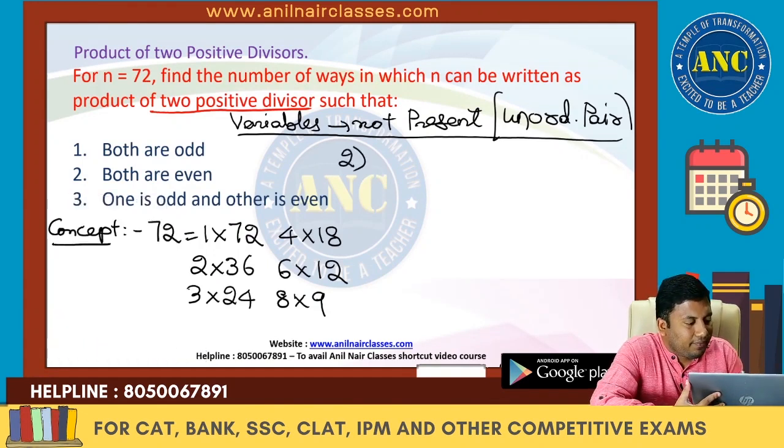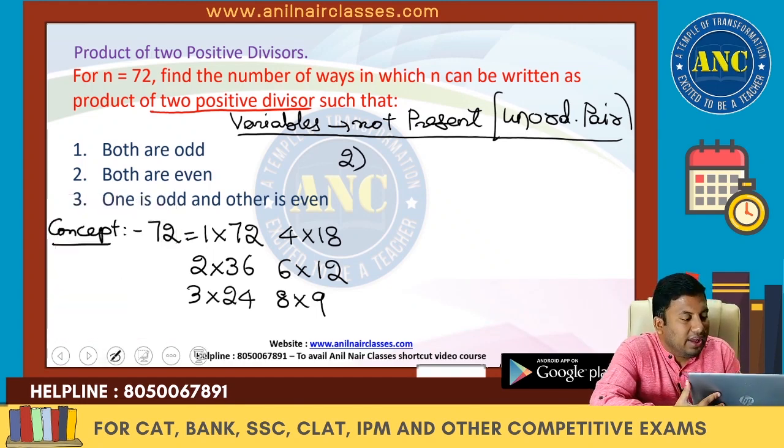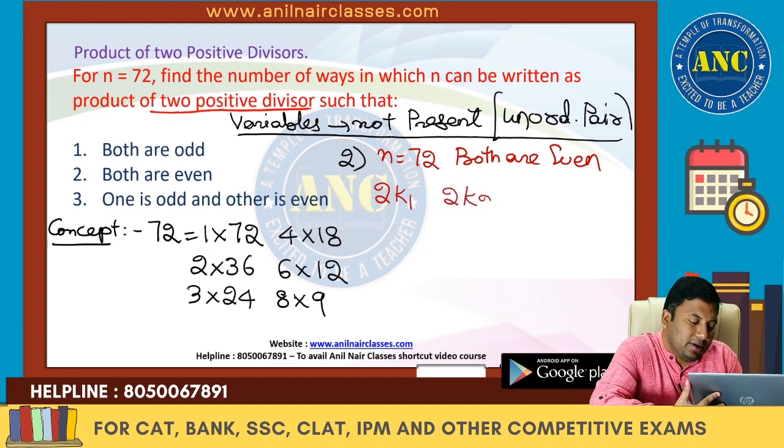What is the second case? Both are even numbers. N is 72. The first even number can be 2k1, the second even number can be 2k2, and both even, equivalent to 72. I hope it is clear.